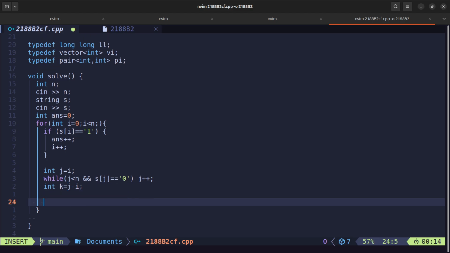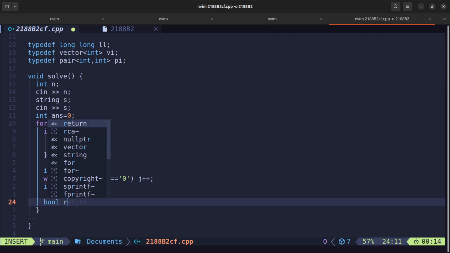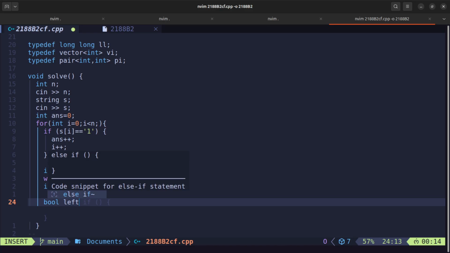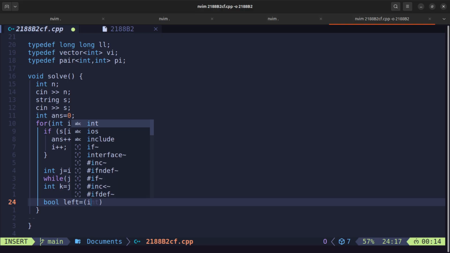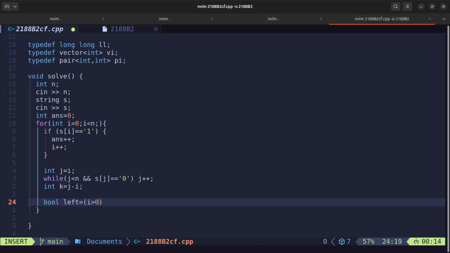Then a bool variable left is equal to, let's say, i is greater than 0 and s[i-1] is equal to 1.